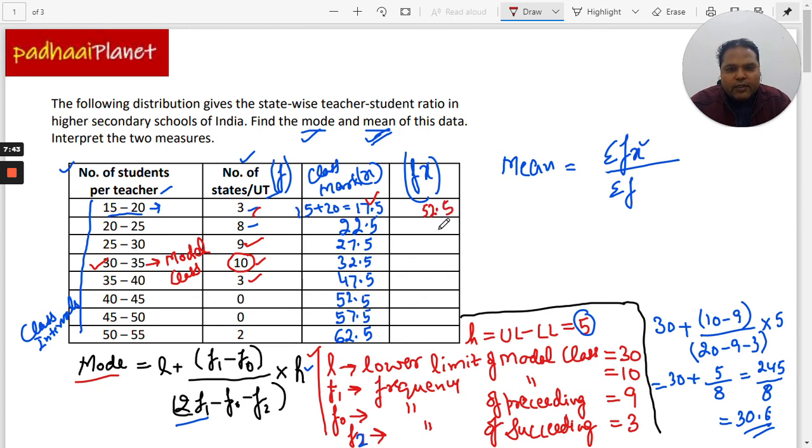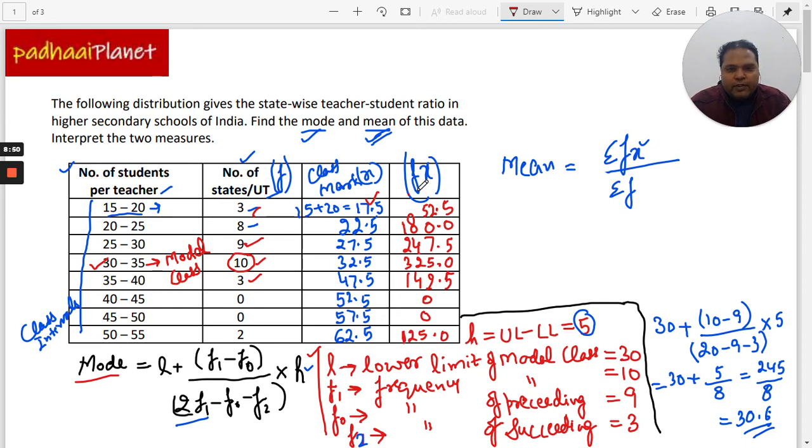Similarly we multiply the others, and we get 180 and so on, working through each product, and the last one, 62.5 multiplied by 2, gives 125.